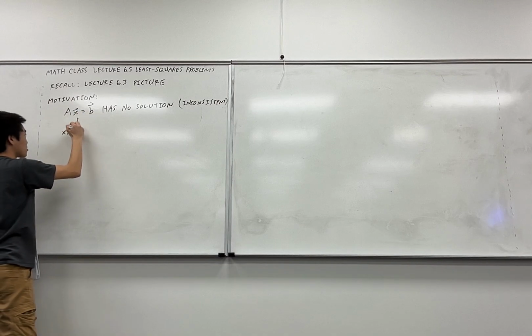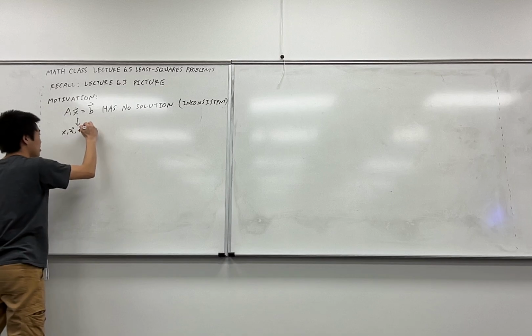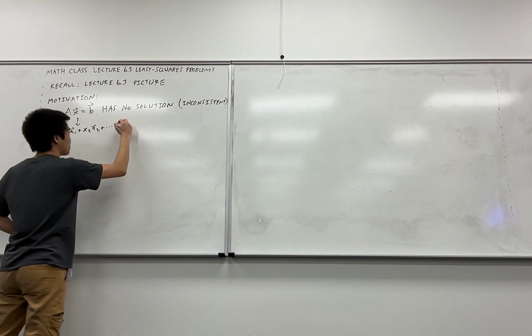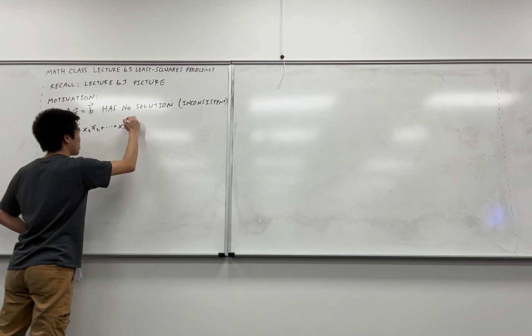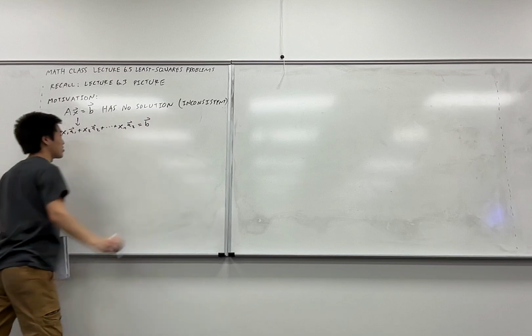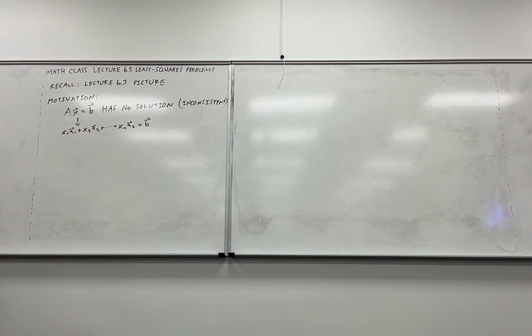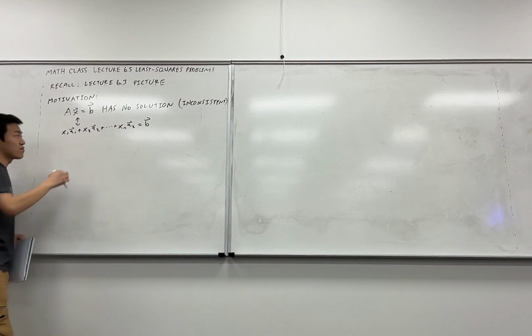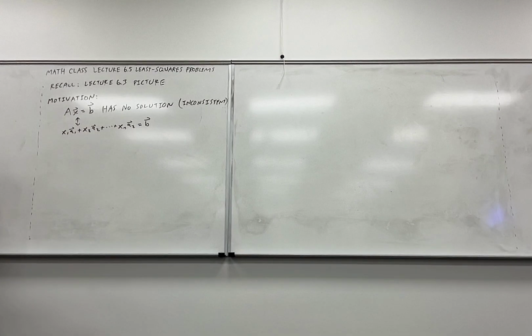X1 times the first column plus X2 times the second column, and so on and so forth, depending on how big my matrix is. So if these are the same thing, and if this doesn't have a solution, then all the possible linear combinations of the columns sure sounds a lot like span.